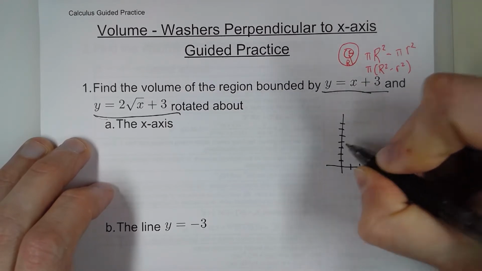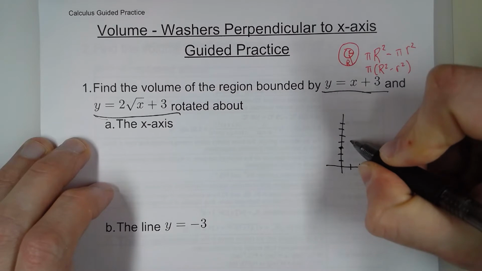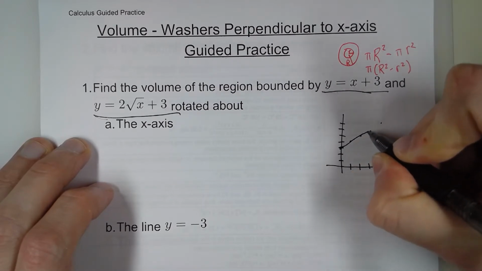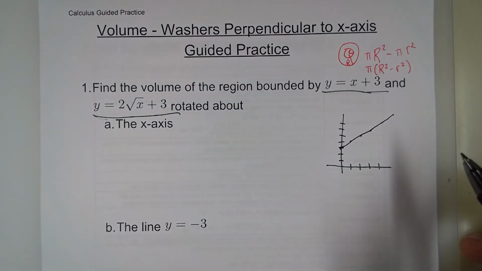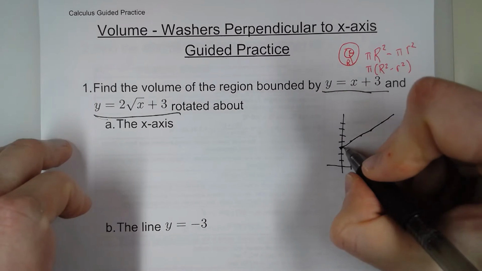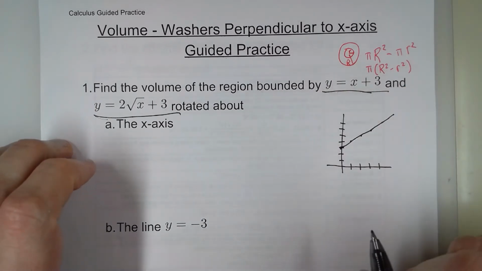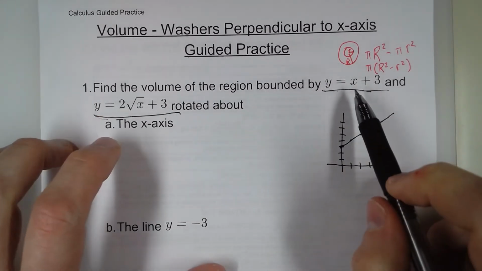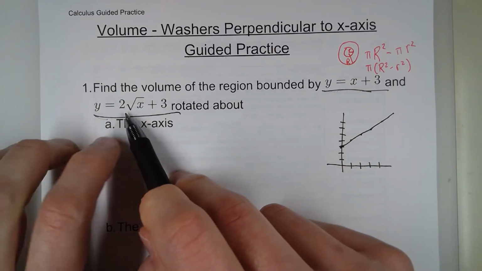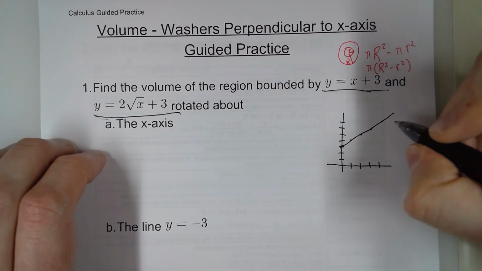Now the first one has a slope of 1, so it goes over 1 and up 1. That is a line. But the second one is not a line, it's a curve. And the question is, where are they going to be equal? Well, they're the same when x is 0, and they're also the same when x is 4, because 4 plus 3 is 7. Square root of 4 is 2, times 2 is 4, plus 3 is 7 again.